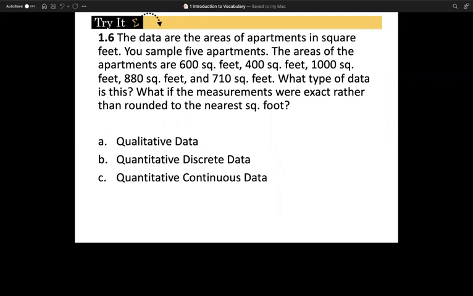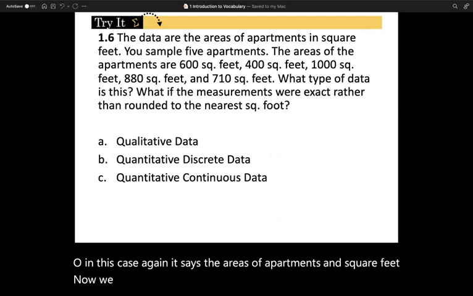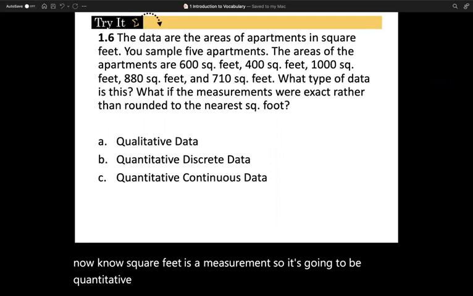So in this case, again, it says the areas of apartments in square feet. Now we know square feet is a measurement. So it's going to be quantitative again, but is it discrete or continuous?